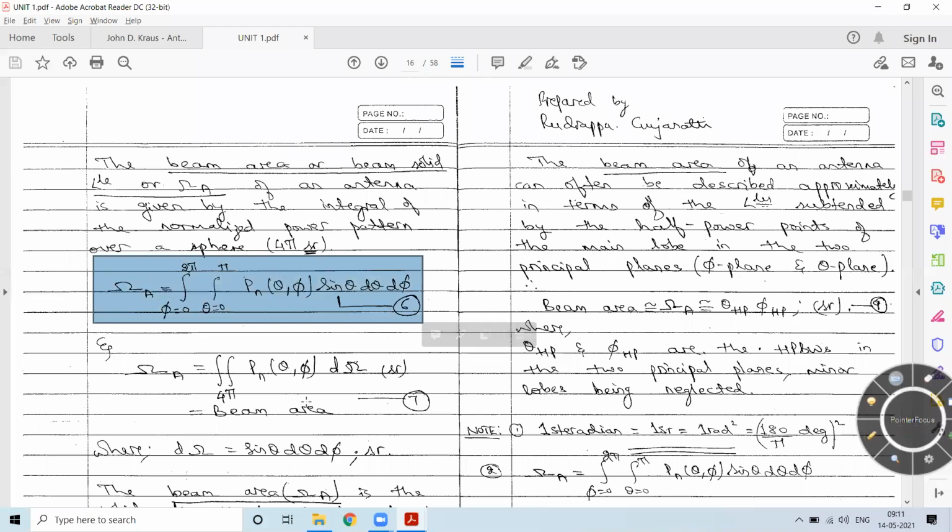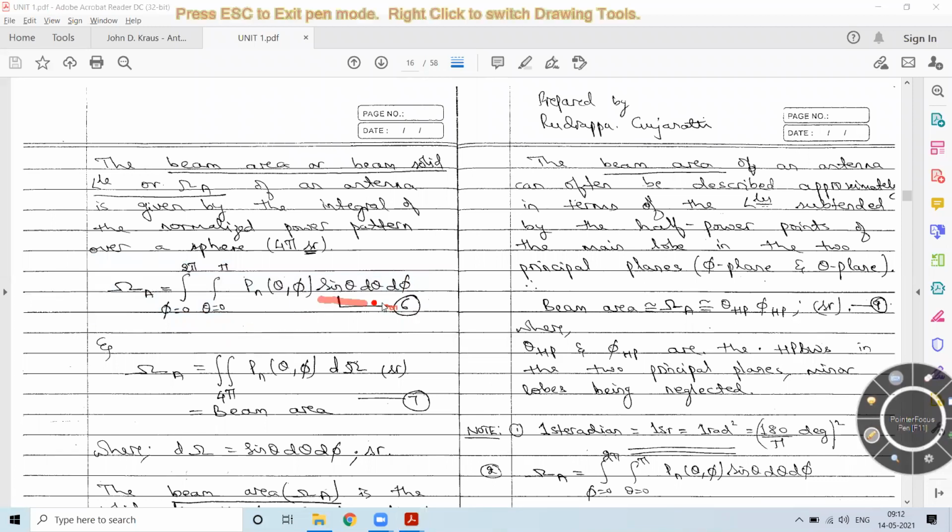Since I want the total beam area, and I know the elemental solid angle, I want the beam solid angle with respect to the normalized power pattern. Therefore, the beam solid angle is given by the double integration of the normalized power pattern with respect to the solid angle.